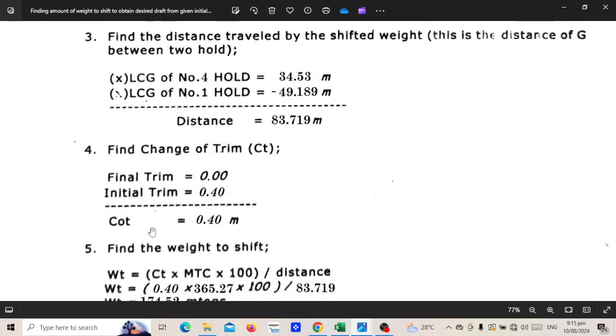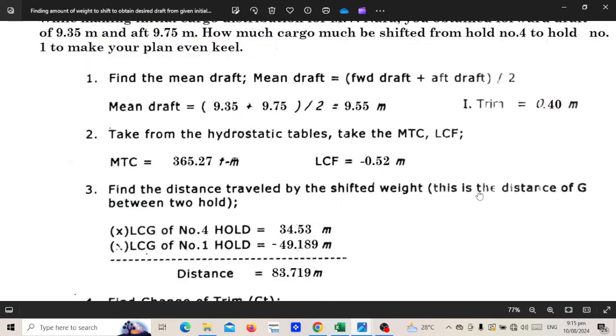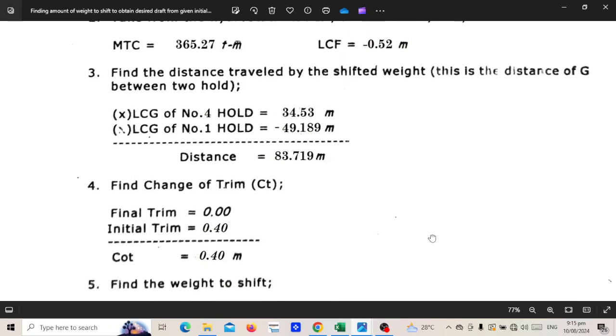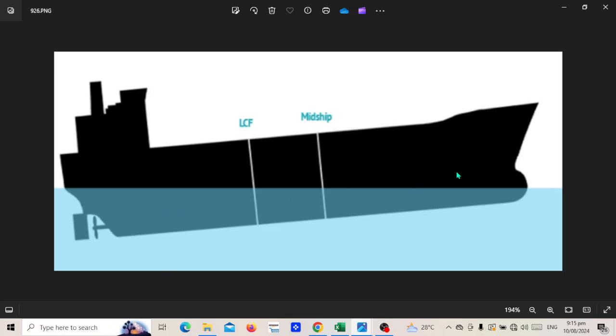Then find the change of trim. The initial trim was 40 centimeters, with this initial draft forward and aft. Since you want to make the vessel even keel, you take out the cargo from hold number 4 and place it in hold number 1.